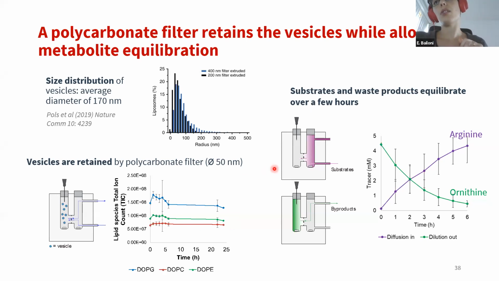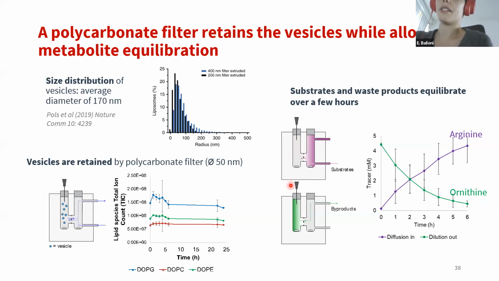And next, we wanted to prove that the metabolites can equilibrate through the dialysis filter at a reasonable rate. And for that, we added arginine to the substrate feed, and we took samples from the vesicle compartment to observe arginine buildup.